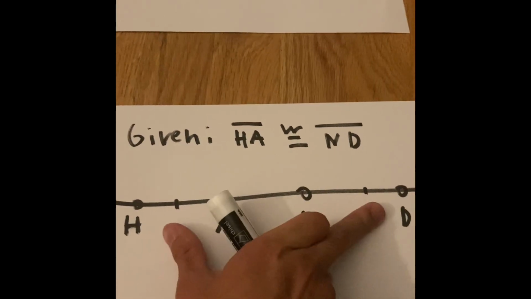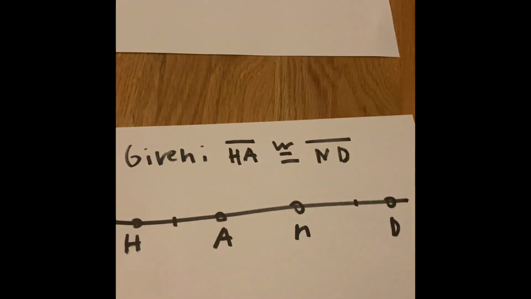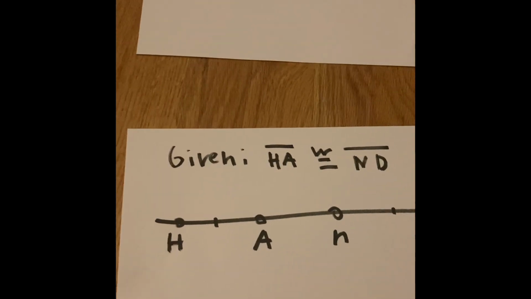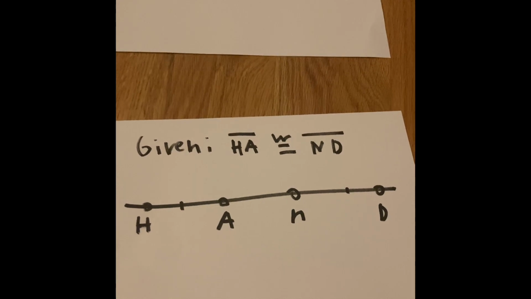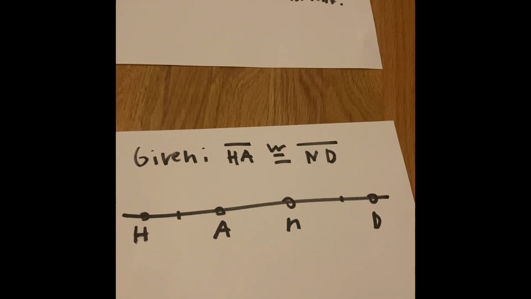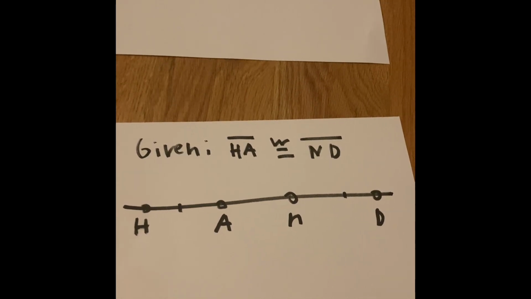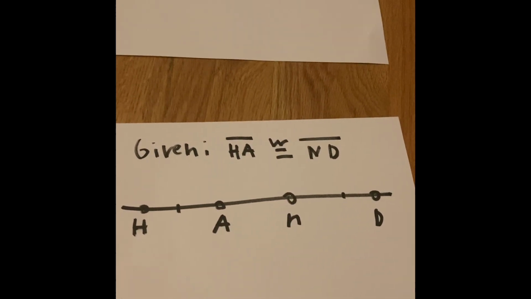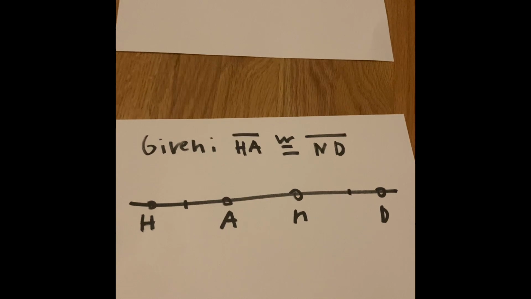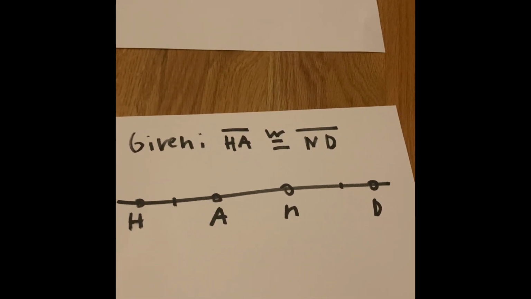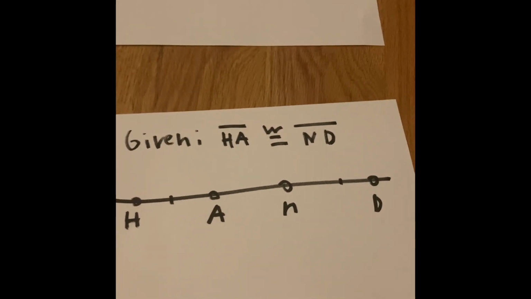These two are congruent because it was given to us. We don't know for sure that segment AN is the same distance as HA and ND.